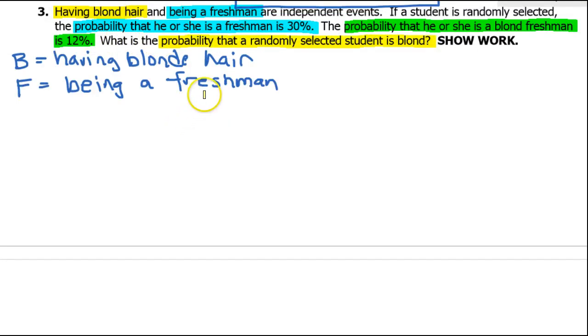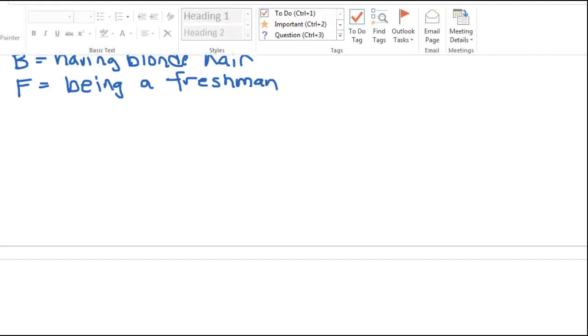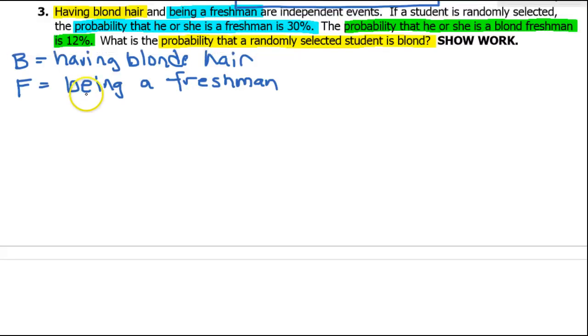Okay, so let's record the probabilities that we know. The probability of being a freshman is 30%. So we know that the probability of F is 0.30.